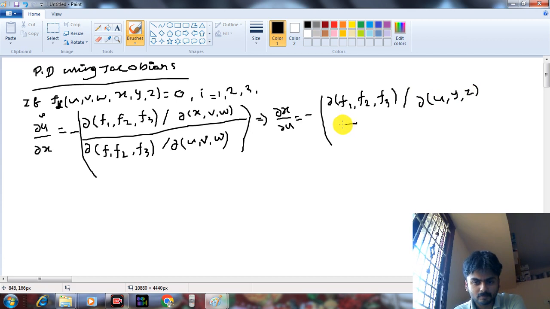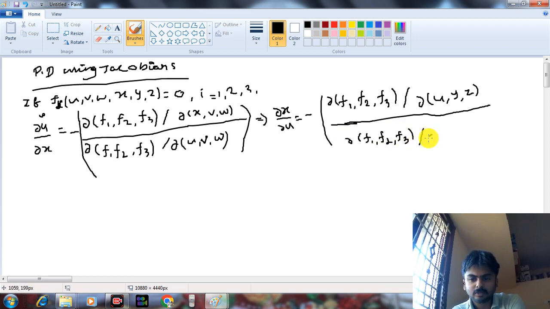Divided by, here it is common, ∂(f1, f2, f3), divided by, instead of this u, w we will have ∂(x, y, z).